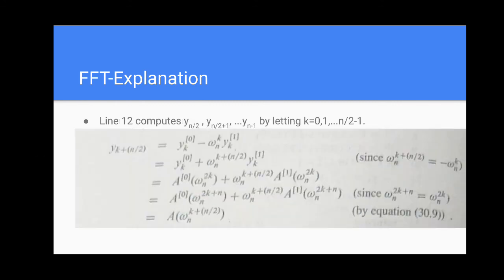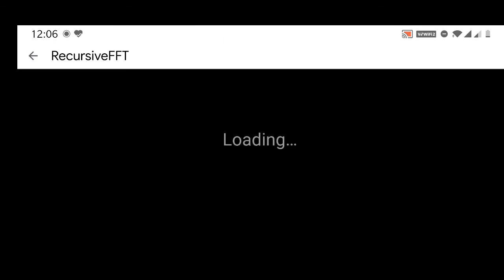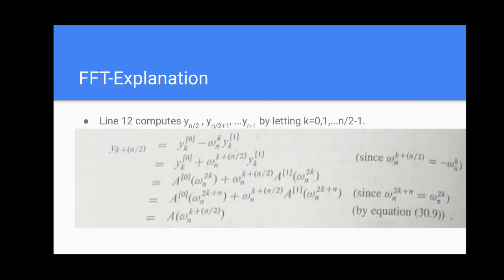And line 12 is computed, you can see this, y(k plus n/2) is yk of 0 minus omega nk yk of 1, and this can be written as yk of 0 plus omega n of (k plus n/2) yk of 1, and this is because omega n of (k plus n/2) is minus omega nk, and that substitution is made over here.